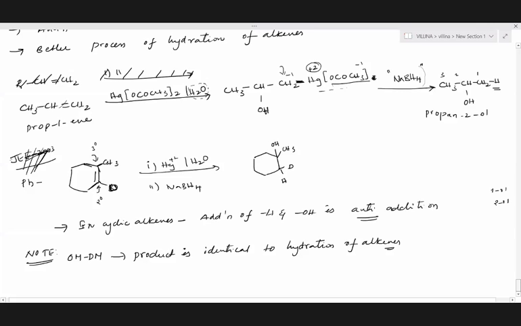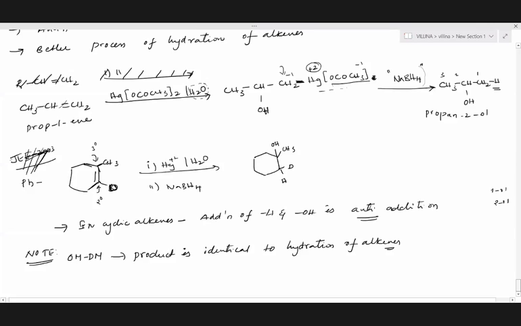So what happens here is, we are performing it in presence of water, right? So the reagents that are finally added to the alkene will be H and OH. And the addition of H and OH groups will happen according to Markovnikov's rule. Same thing, same rule, no other exceptions.